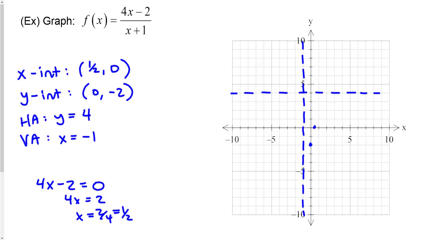Now, I don't need a sign chart at all in order to come up with what's happening in this graph. Because as I mentioned, the graph is going to be bent toward these asymptotes. So in this interval, it's only going to be either one of these two.